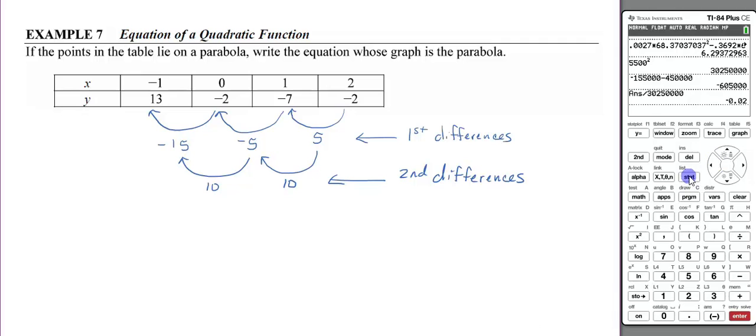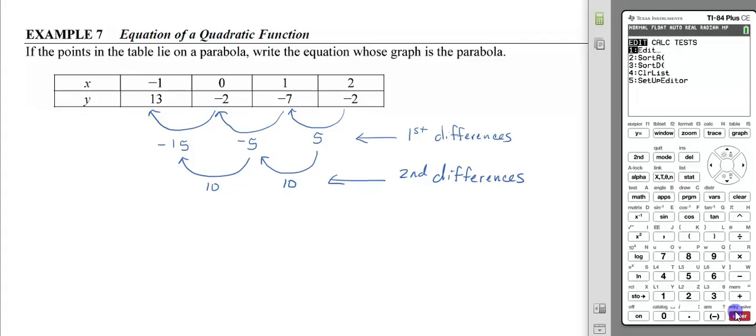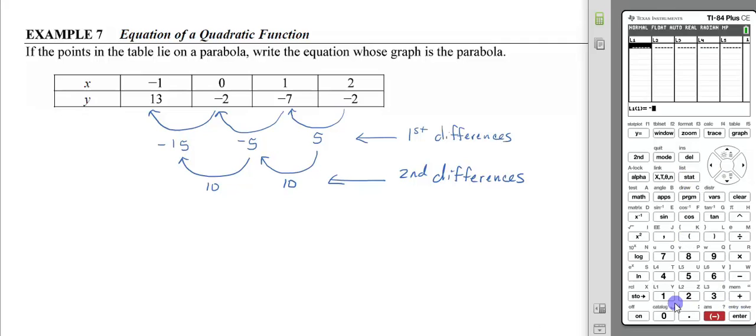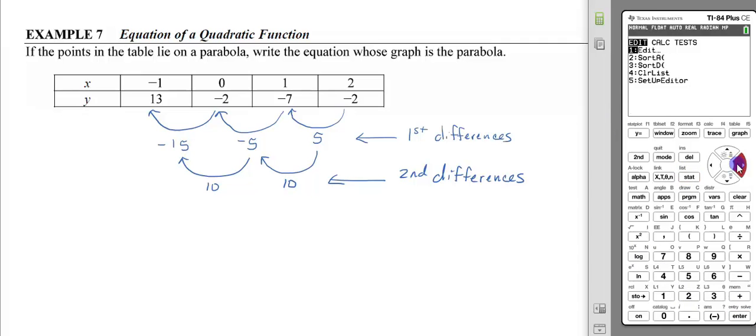We can go ahead and put this into our stat editor. So enter your values for x from the table, and then your corresponding y values. Okay, double check to make sure you didn't have any errors entering that information. And then we're going to say stat, calculate.